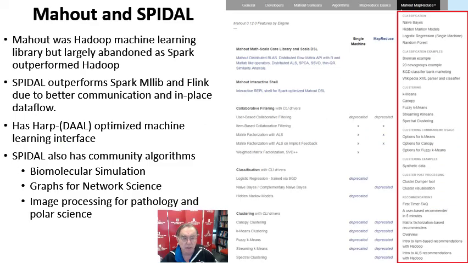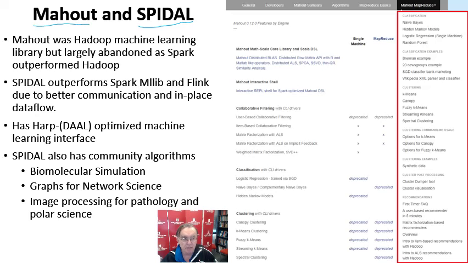All right, so this work describes a little bit of context of MLlib and what Spark does, because we have a project within the Digital Science Center at Indiana University, which is essentially generating a rival library. It was called SPIDAL, Scalable Parallel Interoperable Data Analytics Library.